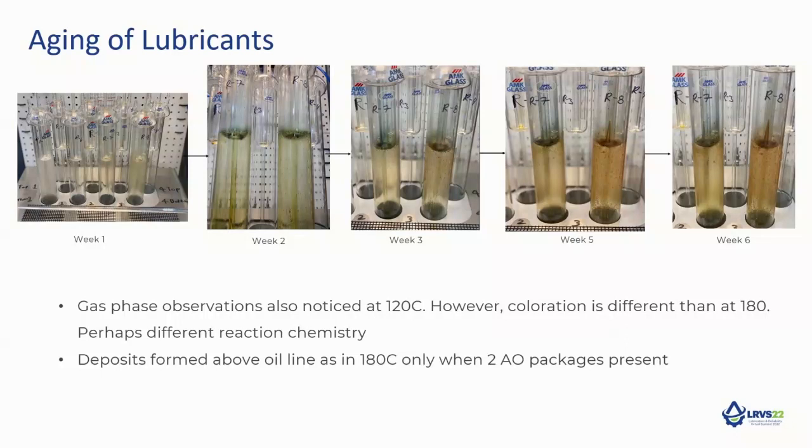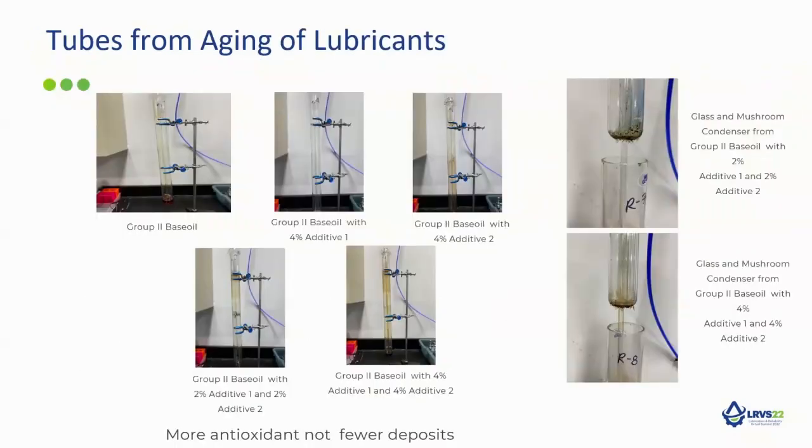However, the coloration is different than that observed at 180. Perhaps it's different reaction chemistry. But similarly, deposits are also formed above the oil line as in 180 degrees centigrade, but only when the two antioxidant additives were present.